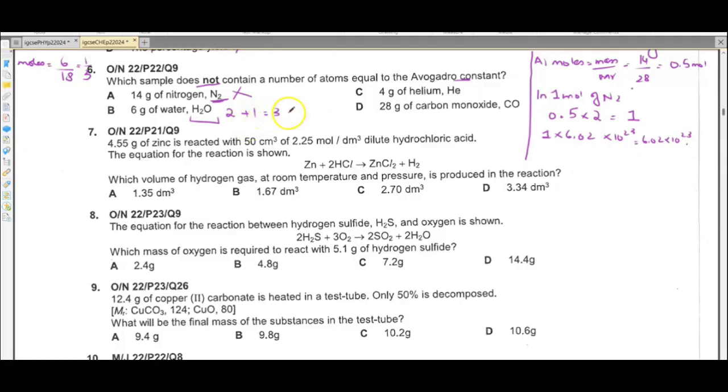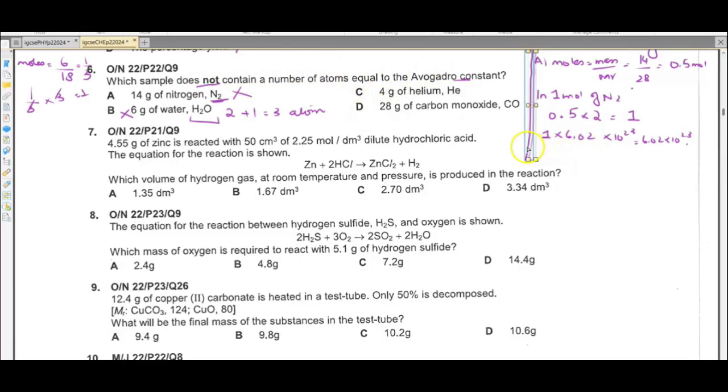So we need to multiply 1/3 with 3, just like we multiplied 0.5 with 2, because there were 2 atoms in one molecule of nitrogen. So this is again going to give us 1. And 1 multiplied by 6.02 into 10 raised to the power 23 is 6.02 into 10 raised to the power 23. So this is equal to Avogadro's constant. We need something which does not contain a number of atoms equal to Avogadro's constant.